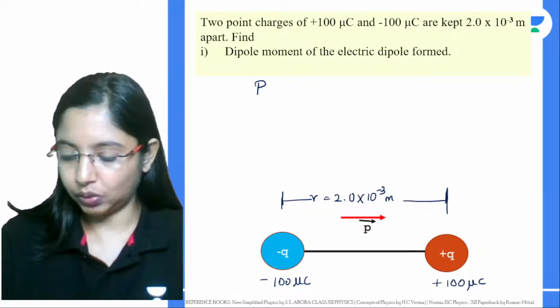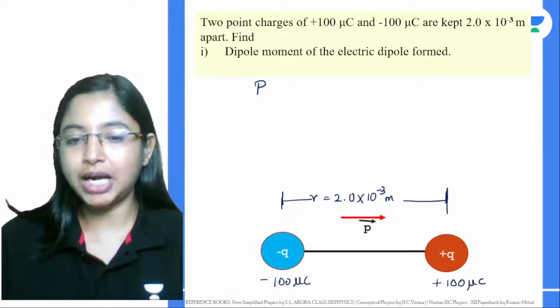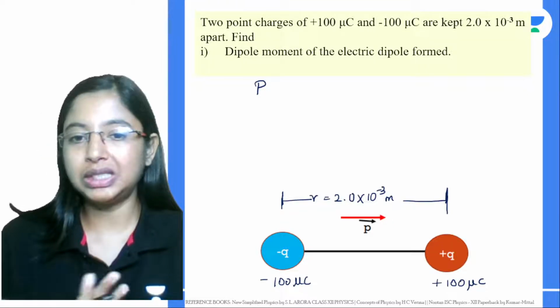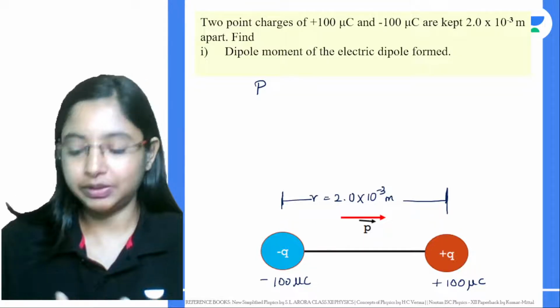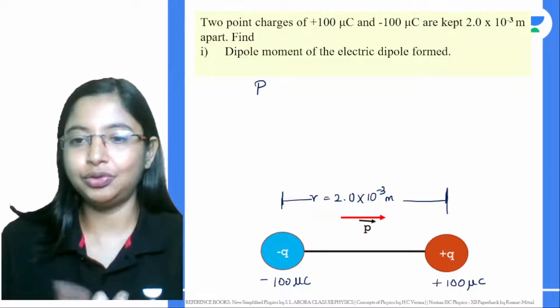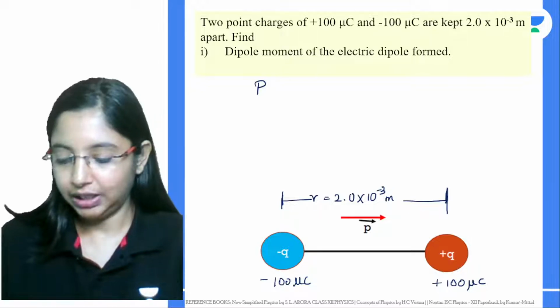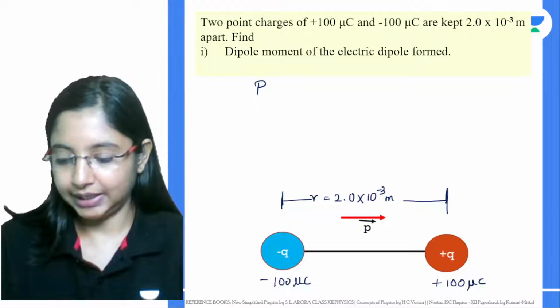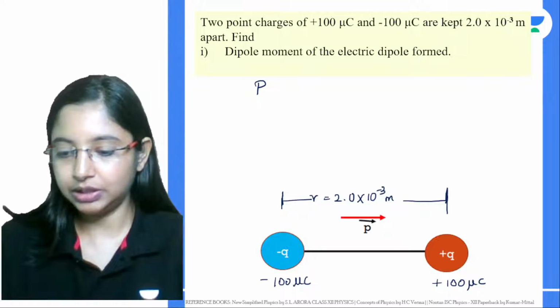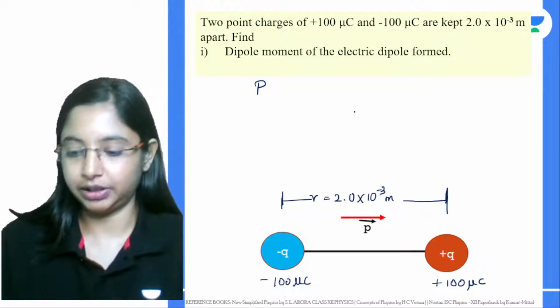Would it be 0? The total charge is 0, because one is plus 100 microcoulomb and the other is minus 100 microcoulomb. Net charge maybe you can say that, but it still has a field around it. So what is the formula for the electric dipole moment?